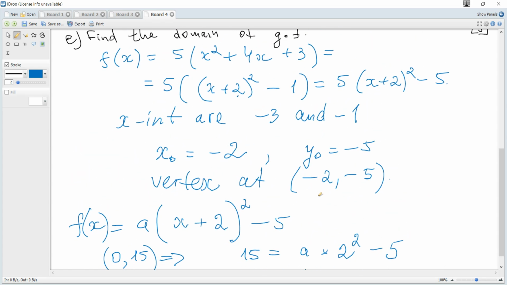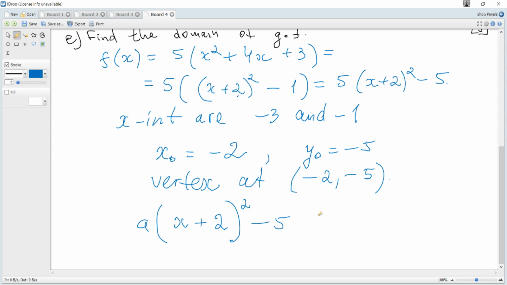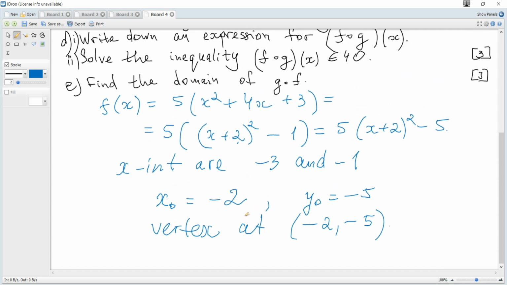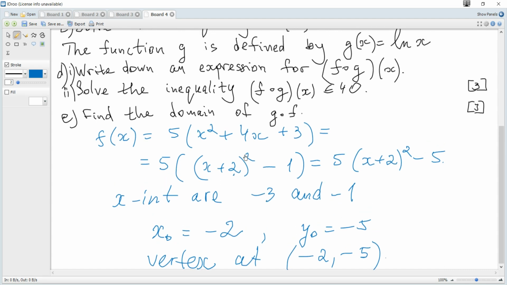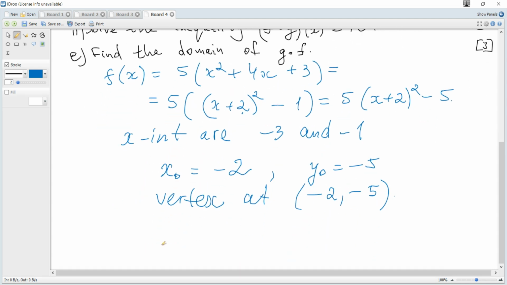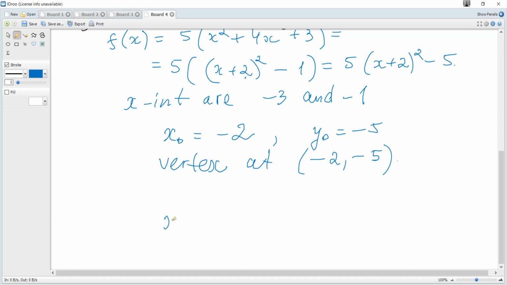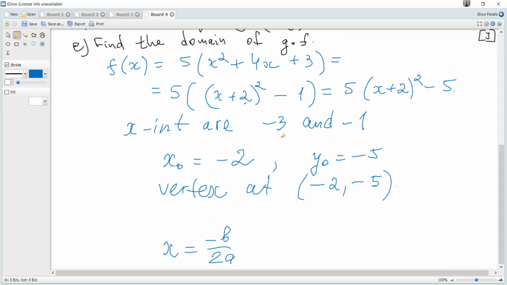So you can see that we get absolutely the same. Or actually the third method, you may expand this, and it is given in the data booklet that the axis of symmetry is the same as the x-coordinate of the vertex. It's minus b over 2a.